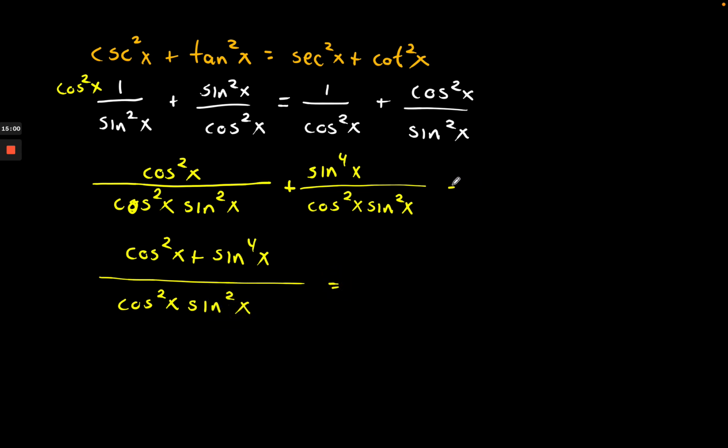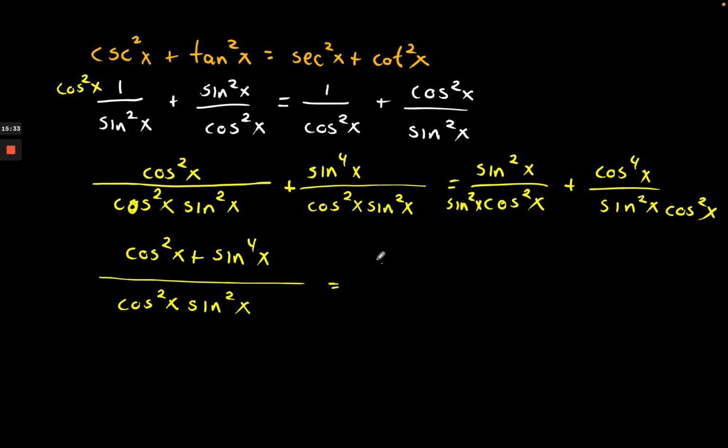Okay, now we're going to work with the other side, and we're going to do the same thing. We're going to multiply by sine squared, so sine squared x over cosine squared x, plus, and we've got to multiply by cosine squared, so that's cosine to the fourth x over sine squared x cosine squared x. I forgot to write that here.